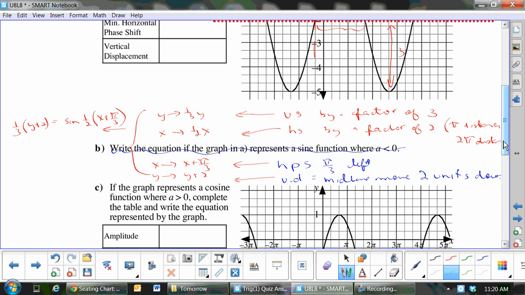Final equation, y would equal 3 sine 1/2 x plus pi over 3, minus 2.